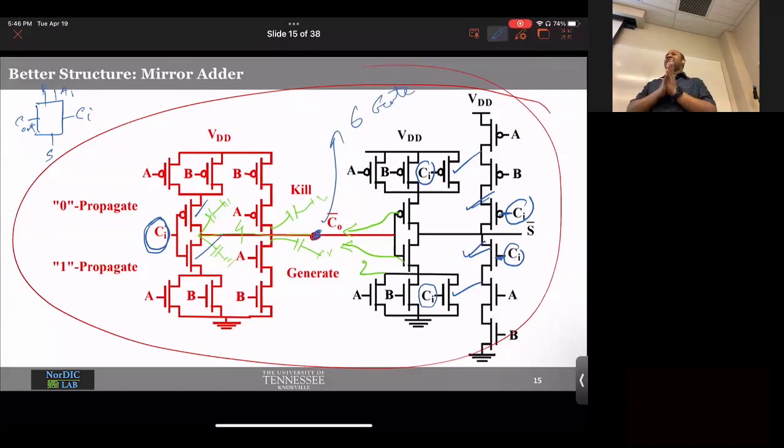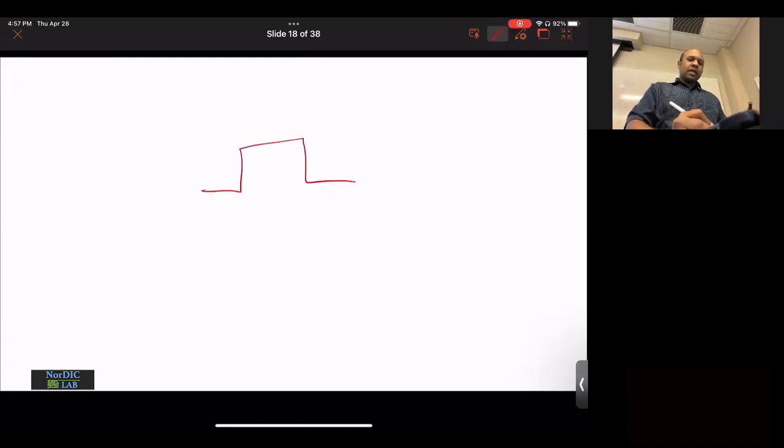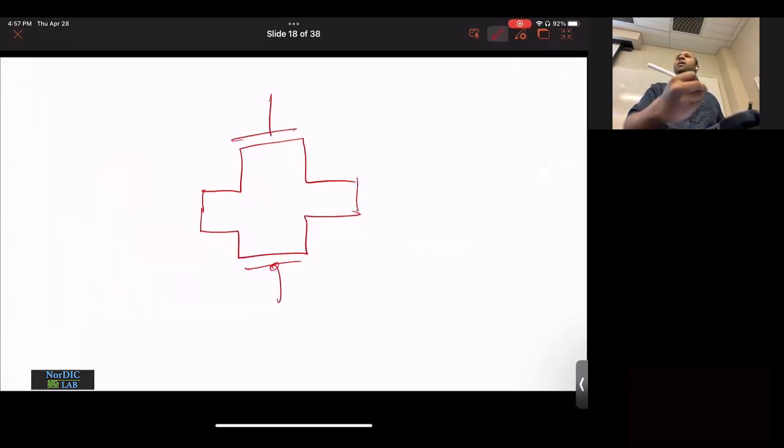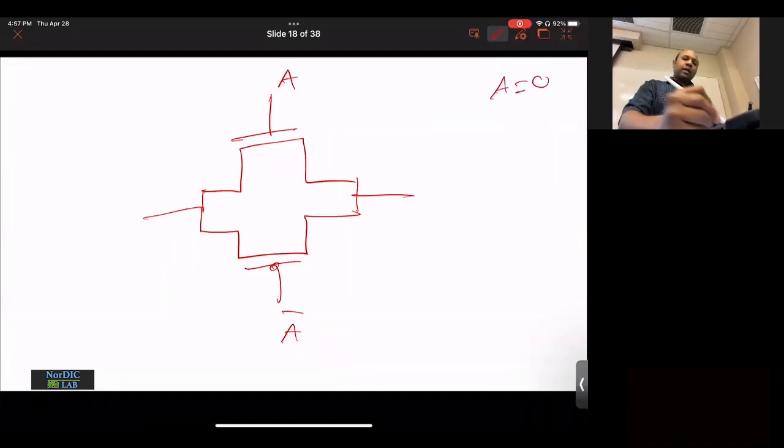Folks, how many of you remember transmission gate? Just to give you a really quick reminder, we used an NMOS transistor and a PMOS transistor in parallel with each other, right? If you have A, you should have A bar right here. So both of them will be on at the same time or off at the same time. If A equals 0, NMOS is off, PMOS is also off.